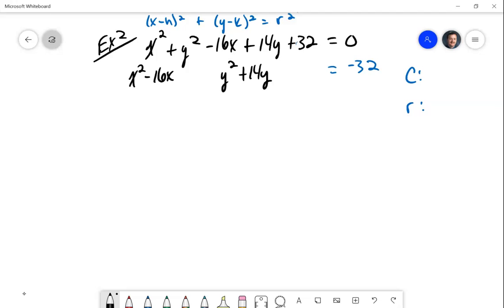Okay, so now what I recognize is this is a perfect square. X minus h squared, that's considered a perfect square. So what we need to do is we need to figure out what this would be if it was written out in expanded form, which we kind of have the pieces of, we just don't have the whole set.